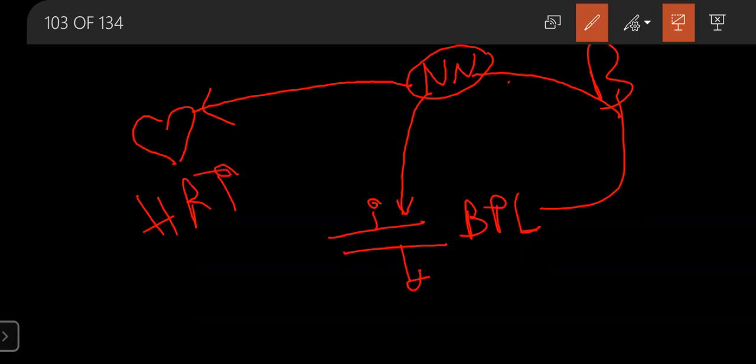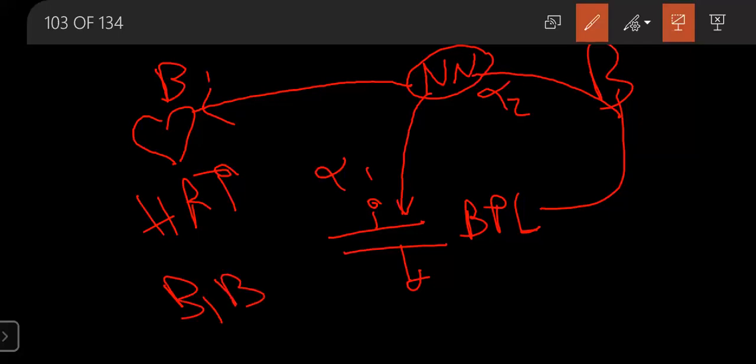Here it works via alpha 2 receptor. Here it works via beta 1 receptor. Here it works via alpha 1 receptor. So if I give the patient beta 1 blockers, and the beta blockers reduce the heart rate and reduce the cardiac output and reduce the blood pressure, can I induce reflexive tachycardia?